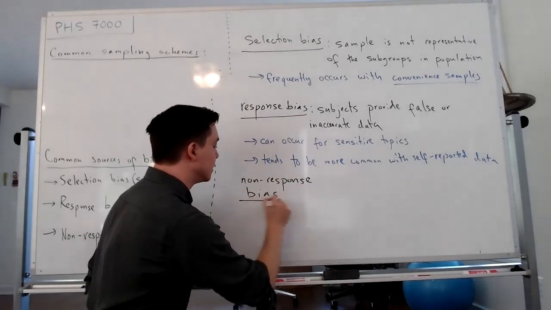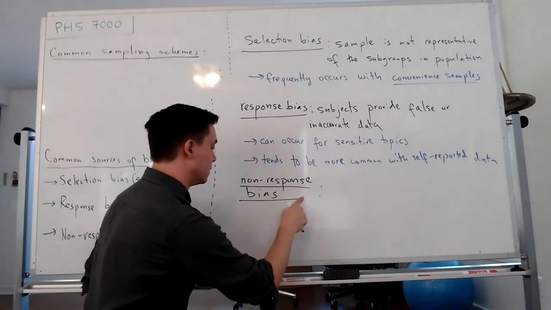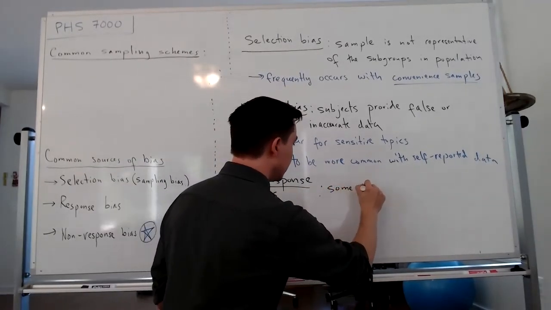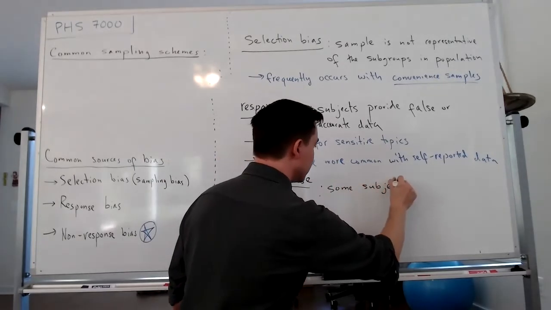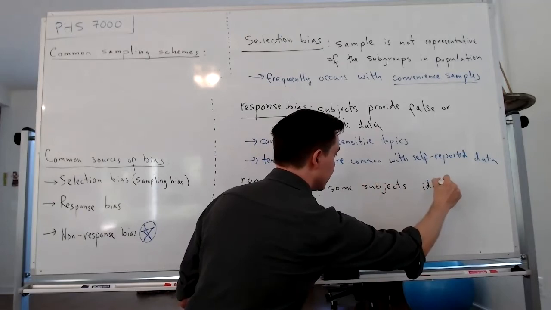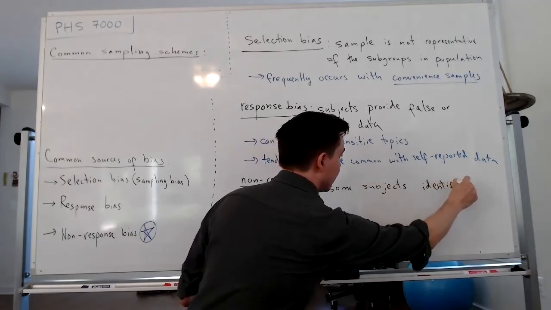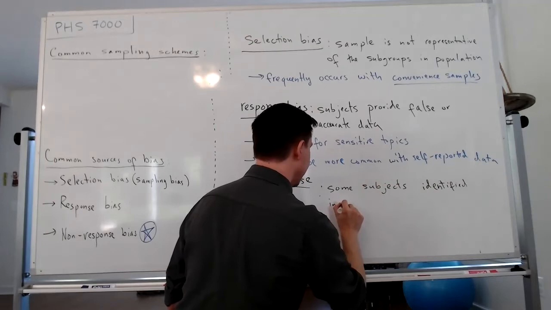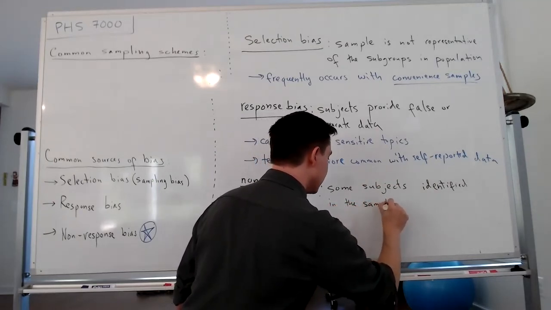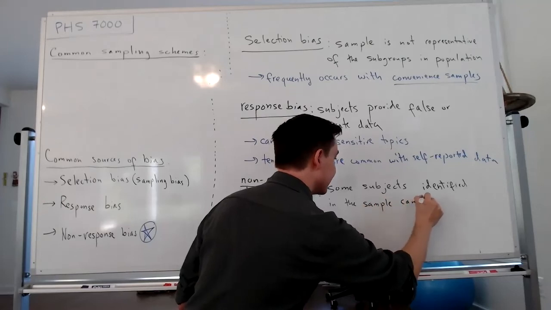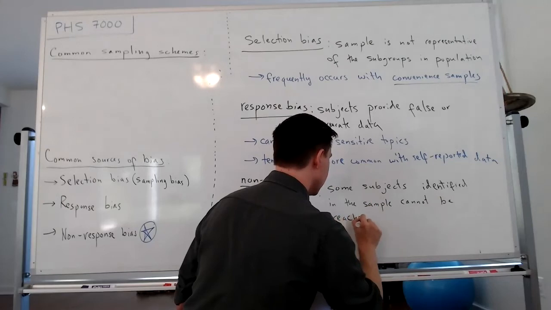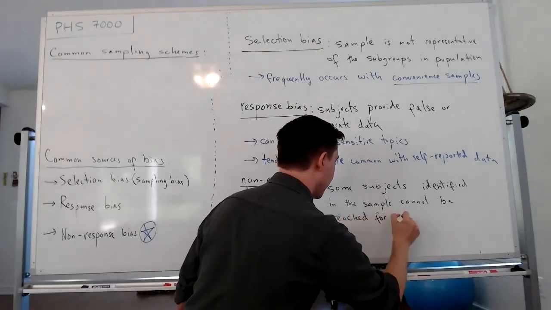Non-response bias: some subjects identified in the sample cannot be reached for a response.